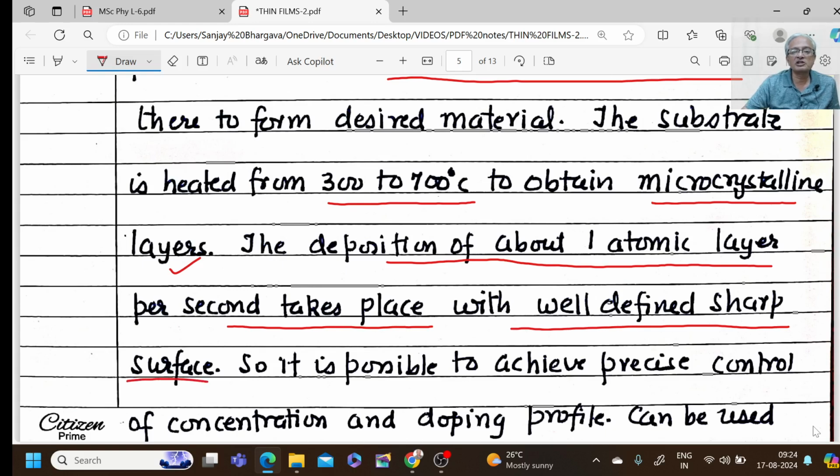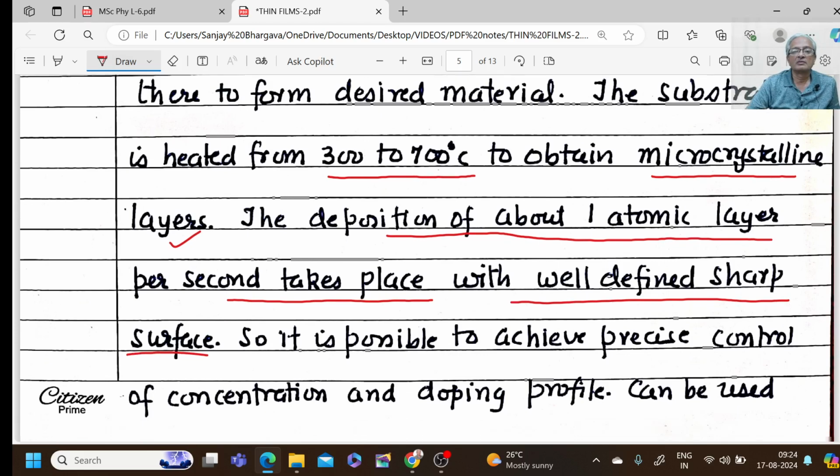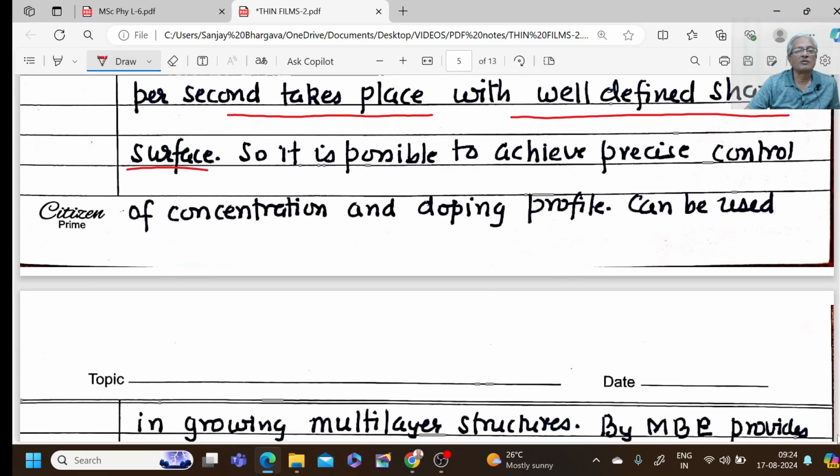So it is possible to achieve precise control of concentration and doping profile. It can be used in growing multi-layer structures. So we obtain a precise control on concentration and doping profile. It is used in growing multi-layer structures.